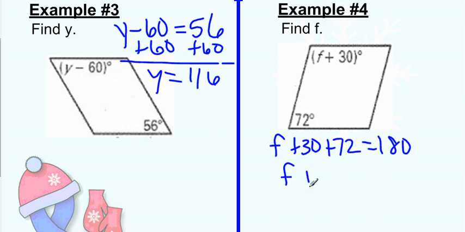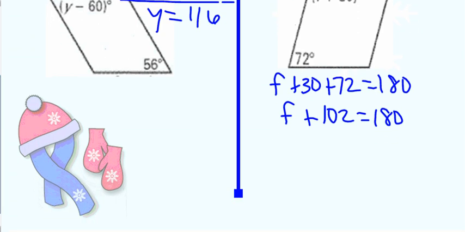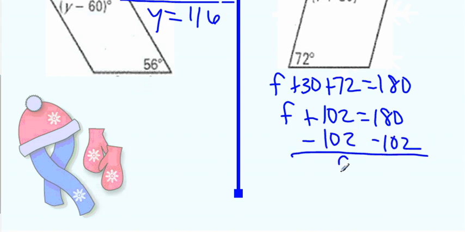So f plus 102 equals 180. Subtract the 102, and f equals 78. Okay, so f will equal 78.